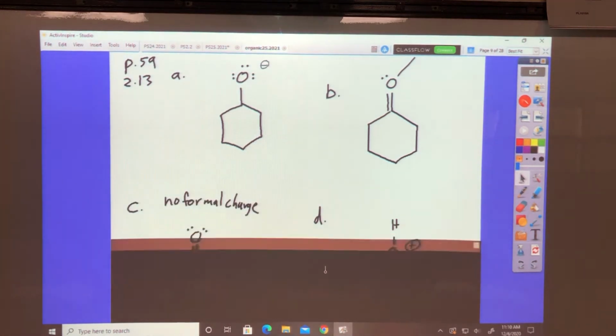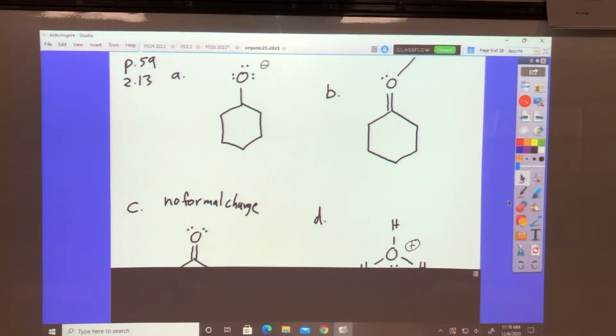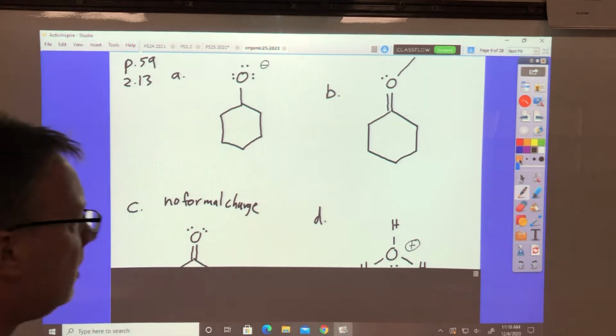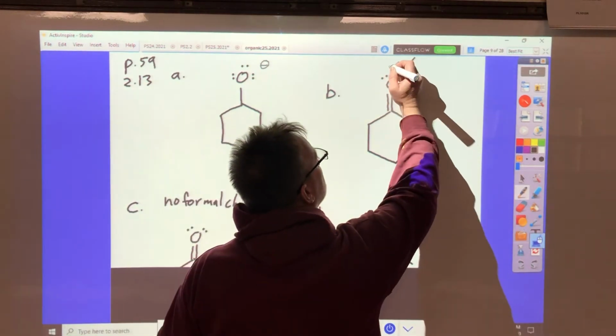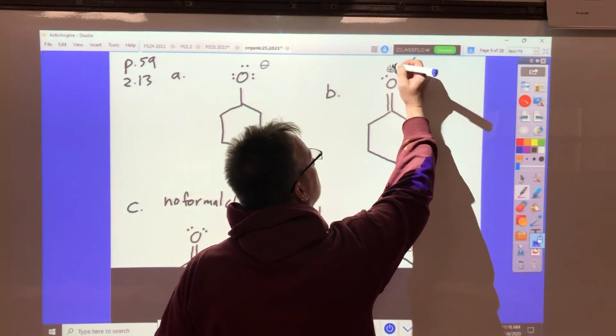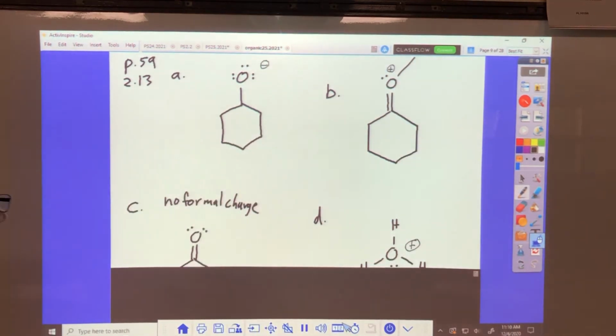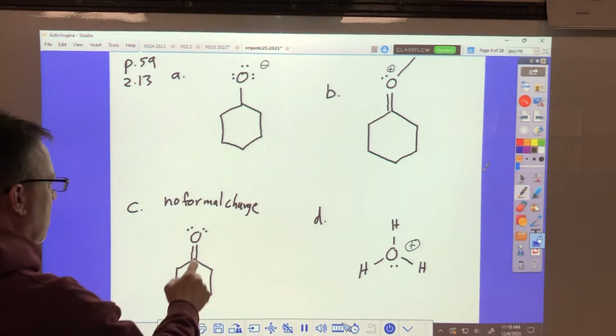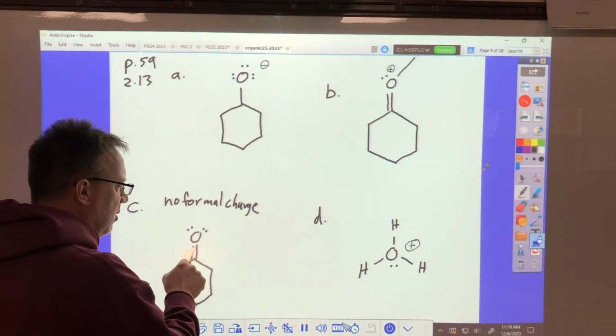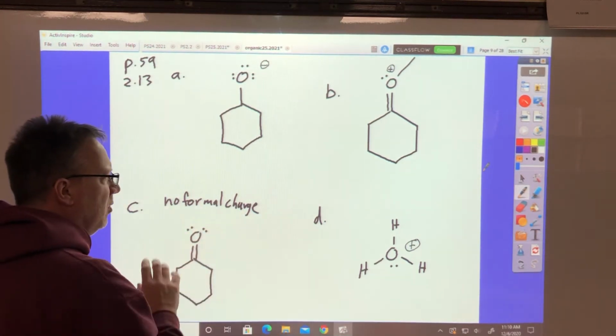So I should have a formal charge on there that I don't have. Where do I want to put it? Right here. On C, they give us the lone pairs. There's 1, 2, 3, 4, shared one there, that's 6, no formal charge.